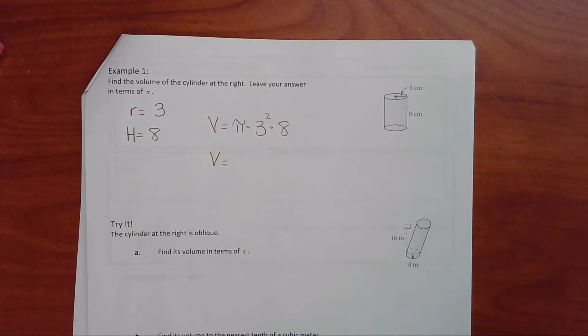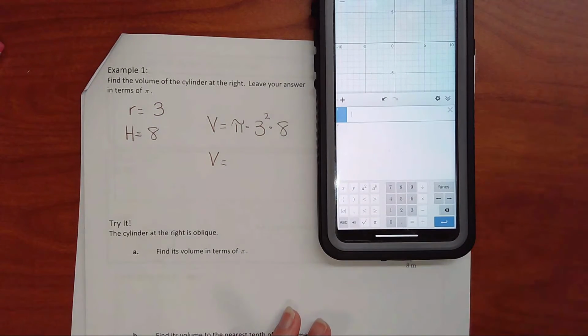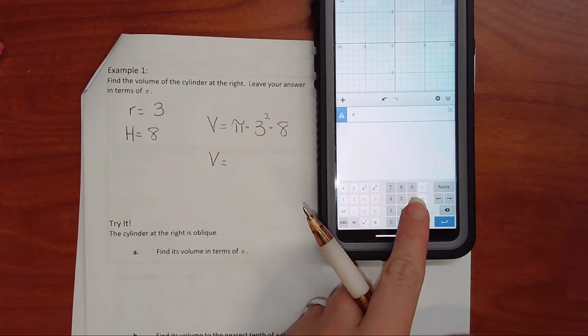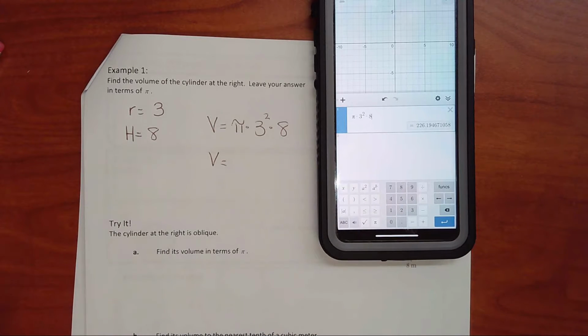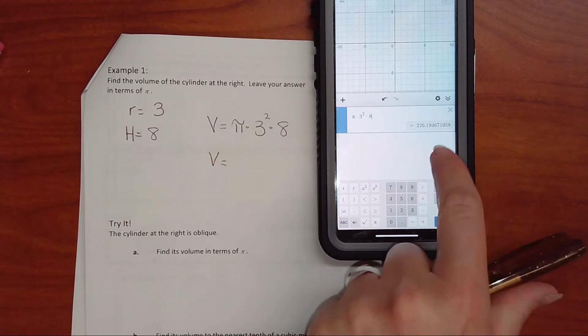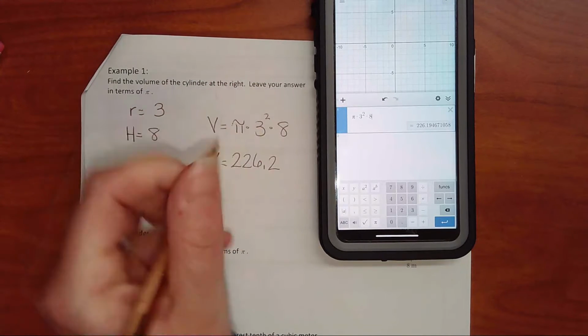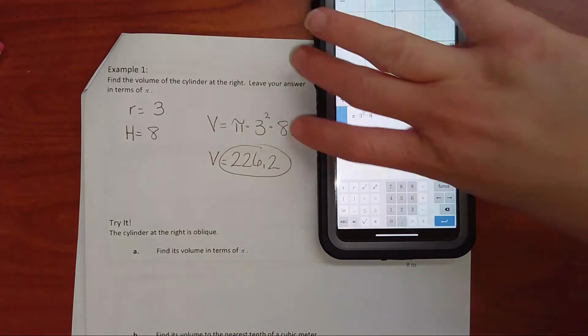So pull up my Desmos, and we do pi times 3 squared times 8. You will get decimals for this, is totally fine. Round to 1 decimal place, so we get 226.2. And that's it. Easy peasy lemon squeezy, hopefully.